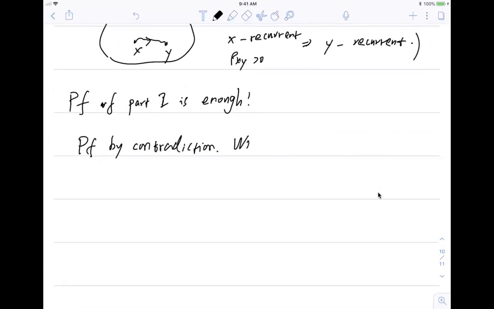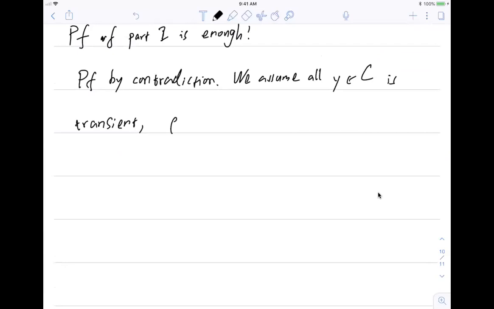We assume all y in the closed set are transient. If we assume all those are transient, this means rho y is less than 1. And by the previous calculation, starting from x, which is also in C, the expected number of visits to y is finite.